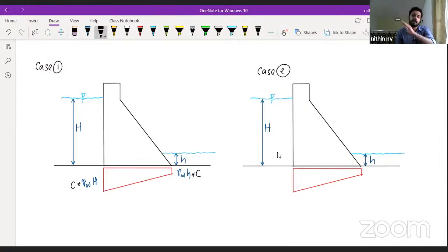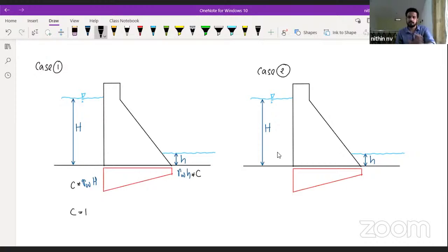Most of the time we will take it as a linear variation by assuming C is equal to 1. Sometimes they will say in the question that uplift is neglected, then we will take C equal to 0. If they say there is a linear variation from the full hydrostatic head, we take a linear variation. So either linear or 0, that's it.